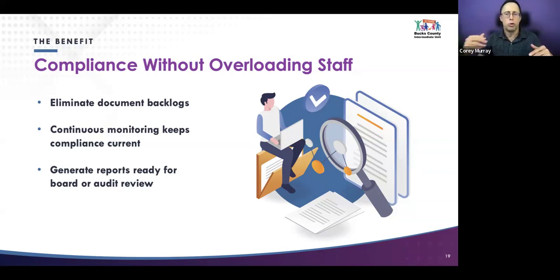Once you get to a stable position, right now you can do that continuous monitoring, and you can keep compliance current. It's difficult to do that when you feel like you're working from underneath a pile. So we're going to think about how to start with the most priority documents, get on stable footing, and then create a process to keep us current, knowing that there's no 100% of all documents being compliant ever.